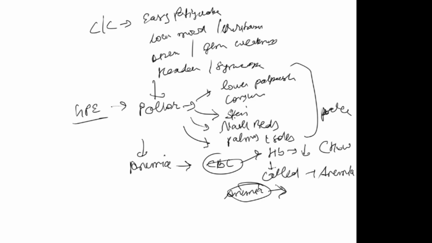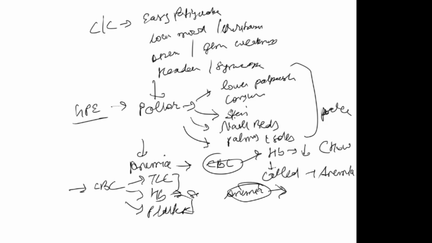In the CBC, you have to see three things: the TLC, hemoglobin, and platelets. Is it a single lineage defect, bilineage defect, or triple lineage defect? Because if all three lineages are affected, then it is called pancytopenia, and the approach will be different.